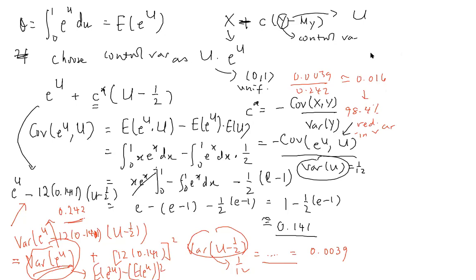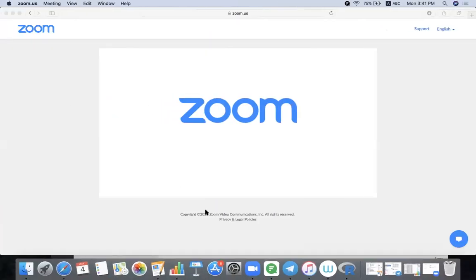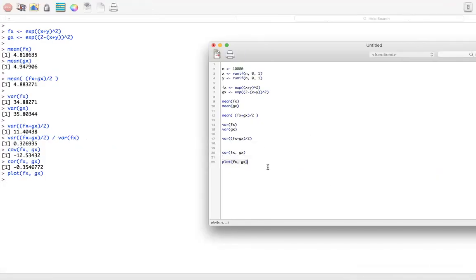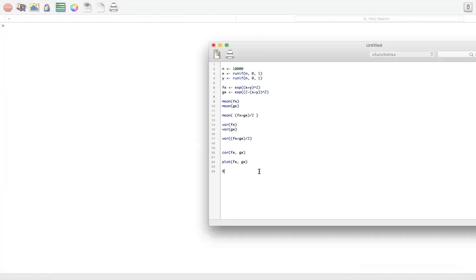Now I'll show you an implementation in R. We're going to draw uniform random variables, U are uniform(0,1).